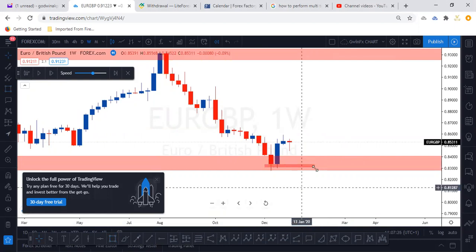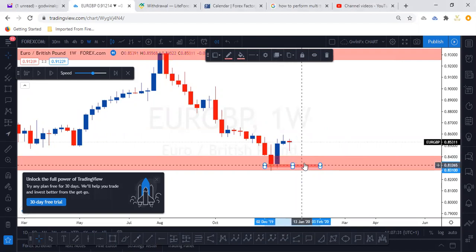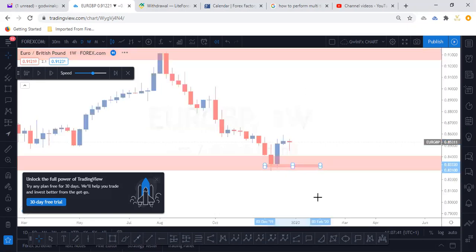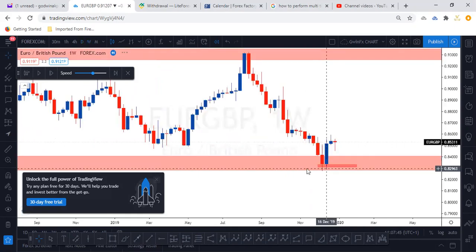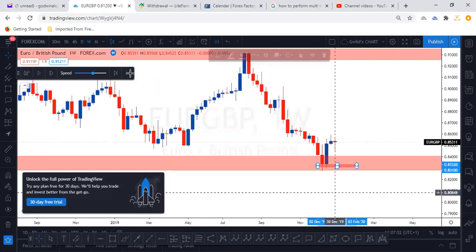I want to look at this structure on the daily to look for structure inside, or a candle confirmation, within this range I just marked. So let's go down to the daily time frame and make that reflect on the daily as well.